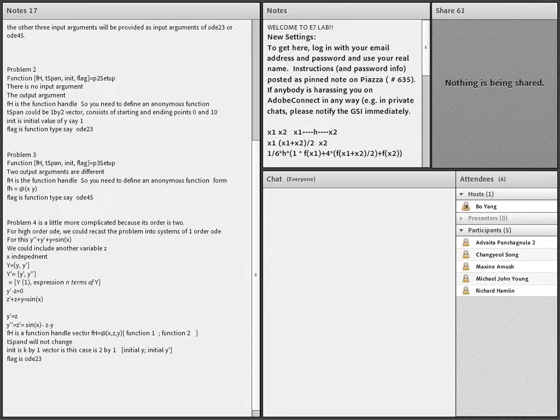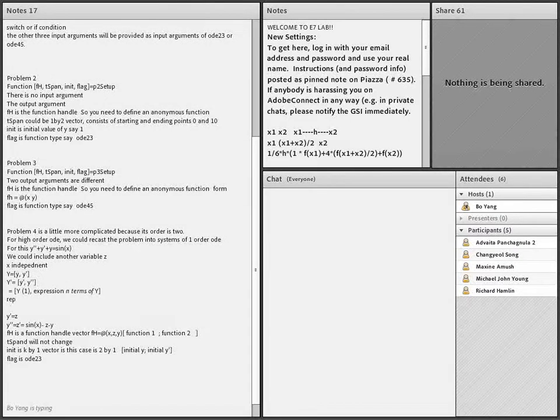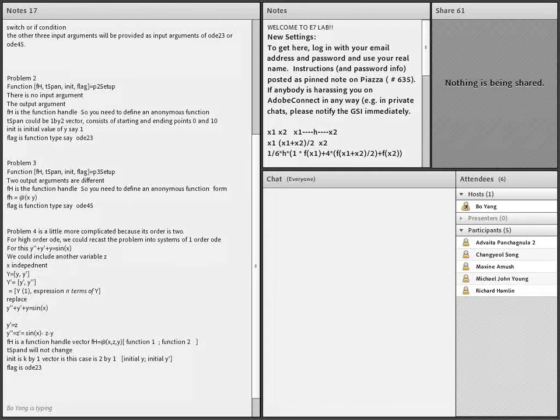You just need to replace the Y prime with capital Y1 in the equation provided. See this equation.